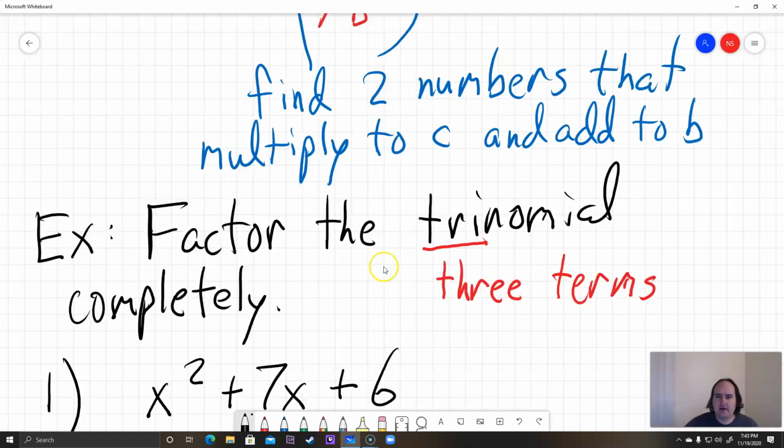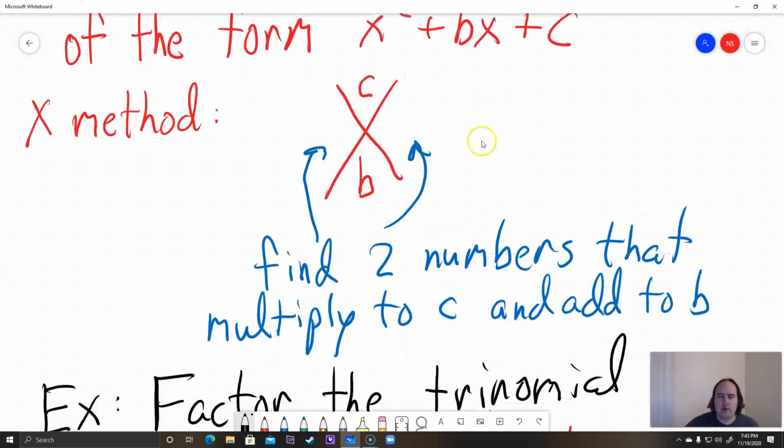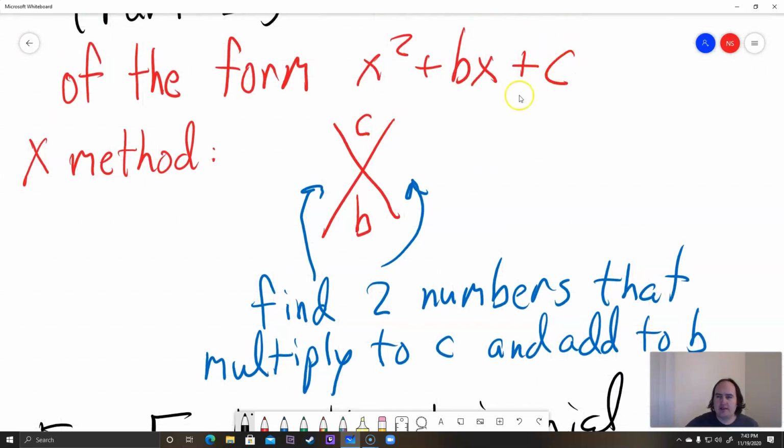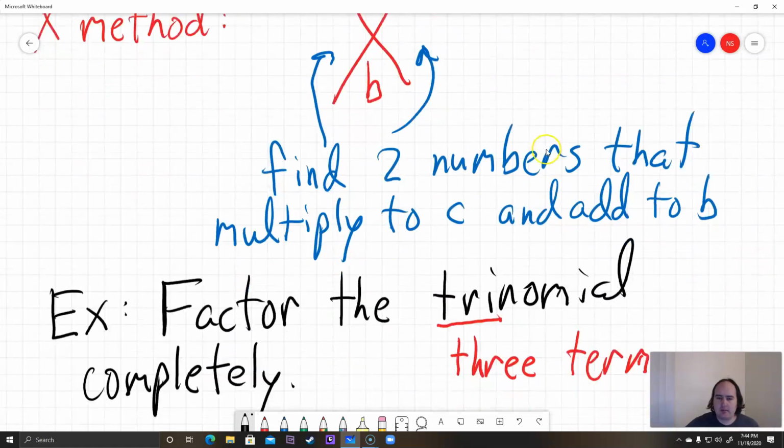Like I said, you want to put the third number, which is c, on the top, and the middle term's coefficient, which is b, on the bottom. Then you want to find two numbers that multiply to the top and add to the bottom.